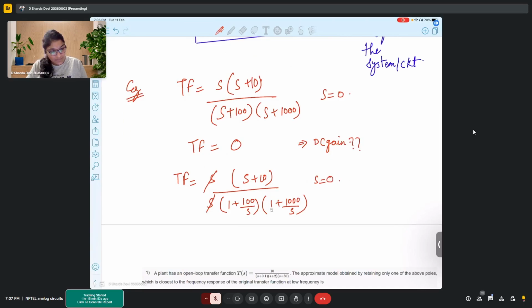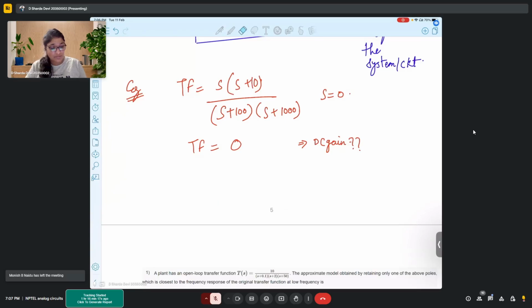So this becomes infinity, right? But since overall it will be 0, that's still fine. The only thing that changes is that now your gain will start from 0 volt by volt because your DC gain is 0.